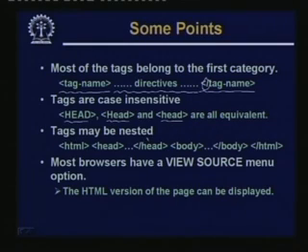Tags can be nested just like you can nest structures in a program. This is one simple example. This is a tag HTML, this is begin HTML, this is end HTML. Now within this begin and end, there is a begin head, end head, begin body, end body.